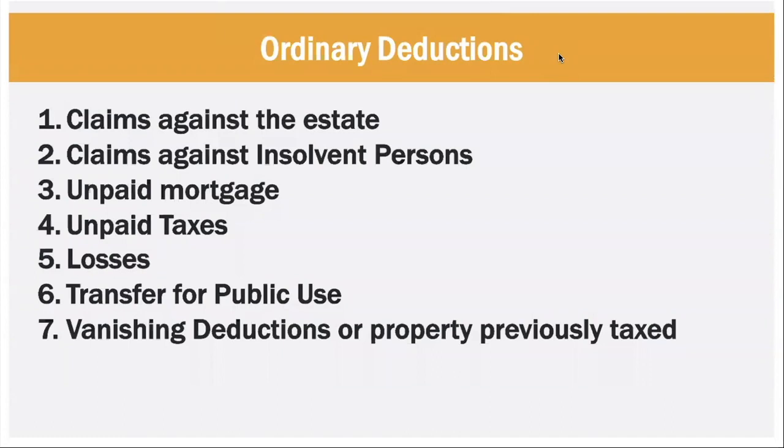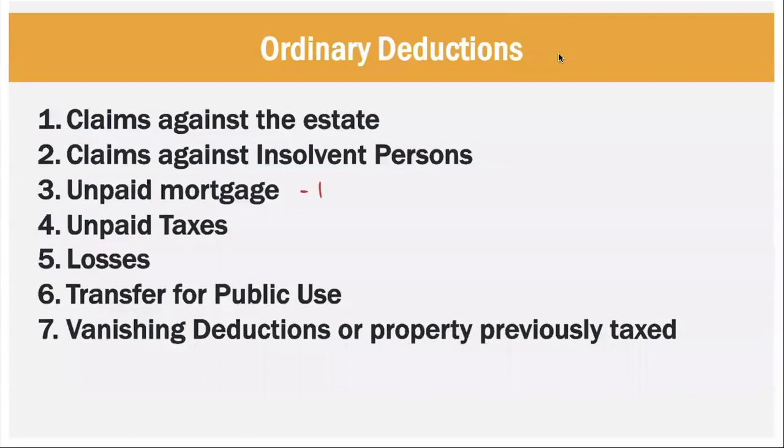So we look at the deductibility of this item. When we say claims against the estate, these are different claims or liabilities of the estate except mortgage, except taxes. So this is a general clause: claims against the estate, except mortgage, except taxes.